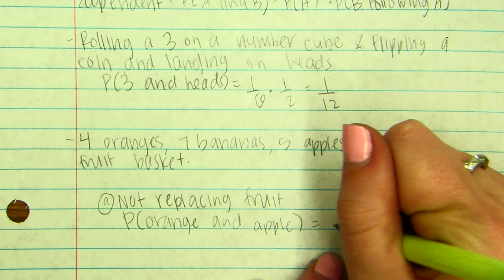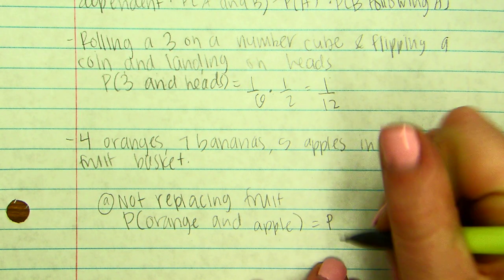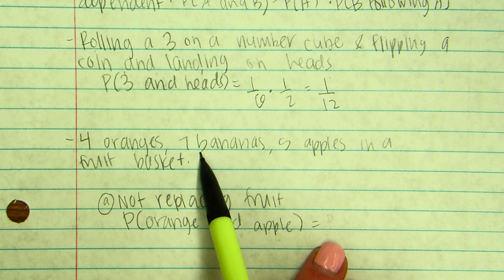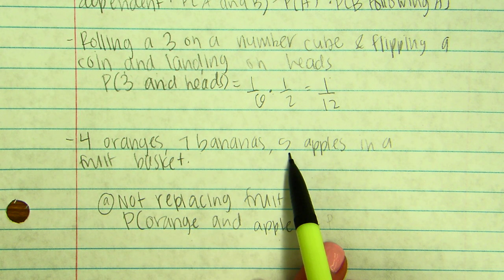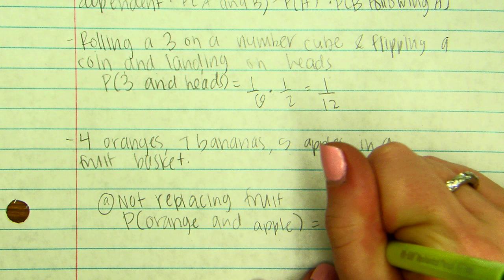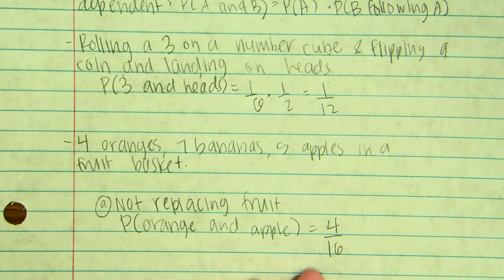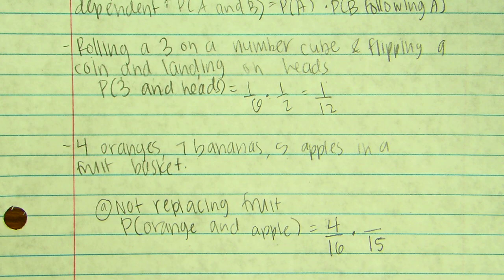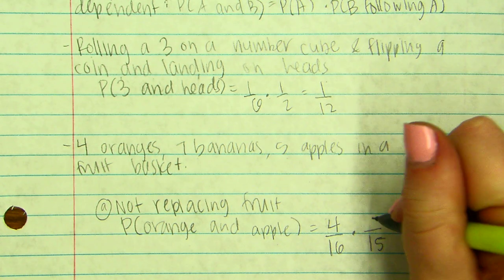So the probability of getting an orange is 4 out of, I have 4, 11, 16 fruits total. So the probability of getting an orange is 4 out of 16. And then now there are only 15 fruits in the basket because I took out 1 orange, and there are still 5 apples left.